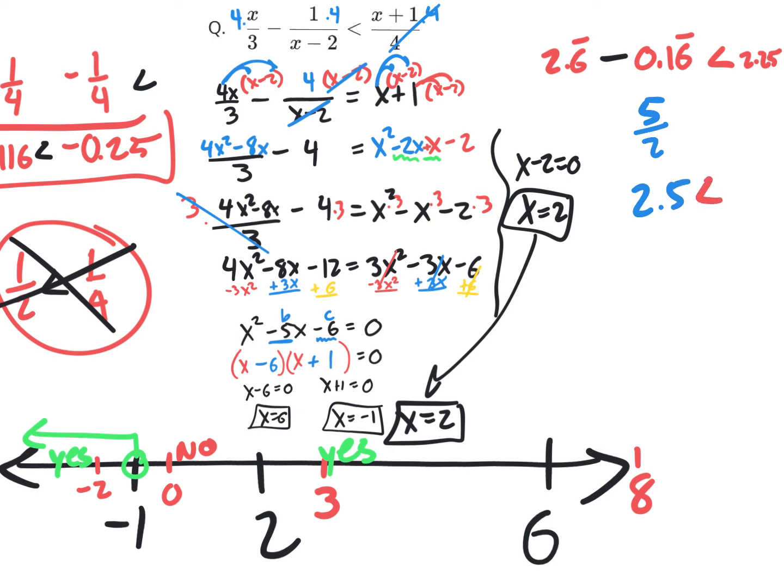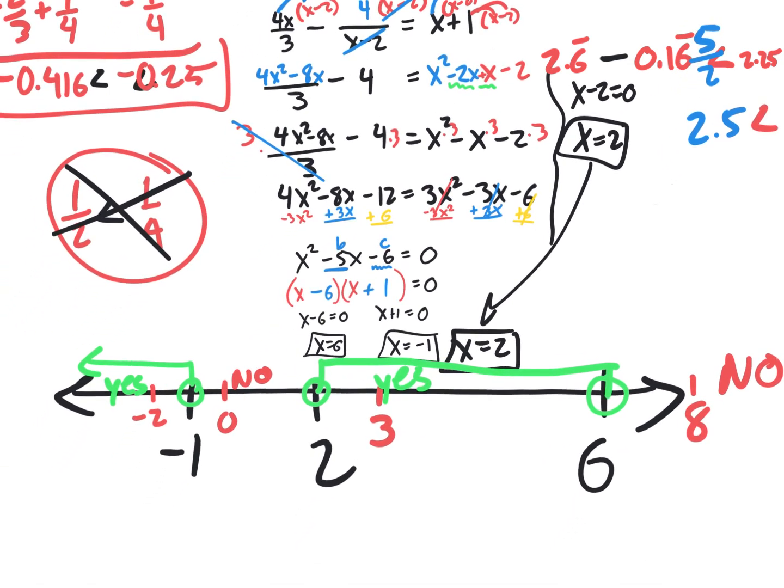Question is 2.5 less than 2.25? And the answer is no. So this is a no. So the only place where your answers are at are between 2 and 6, and also on the left side of -1.